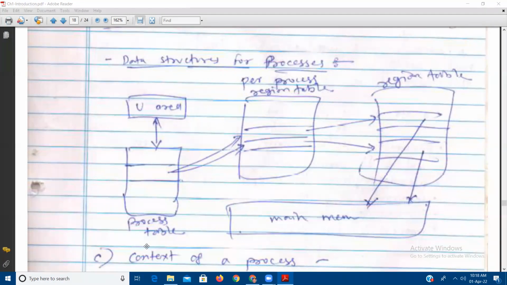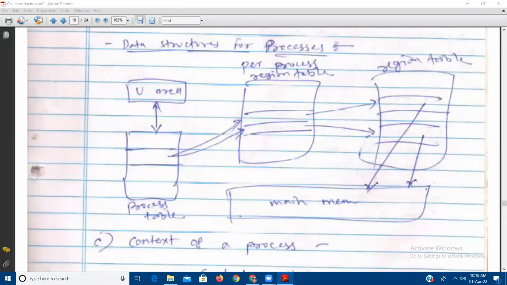Draw the diagram. Harshad Bad is there? Yes, ma'am. Draw the diagram. Is it over?